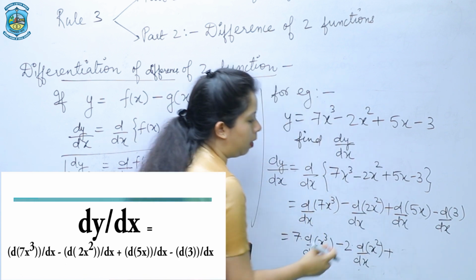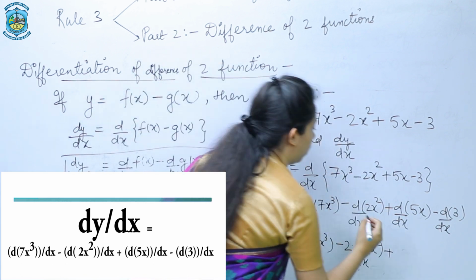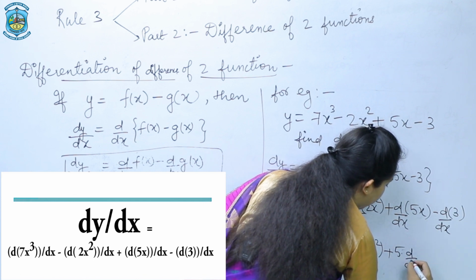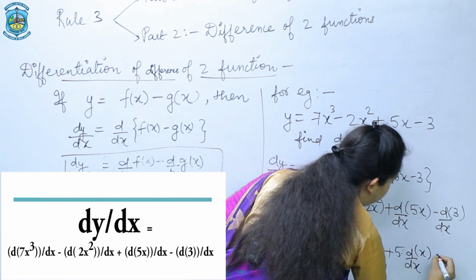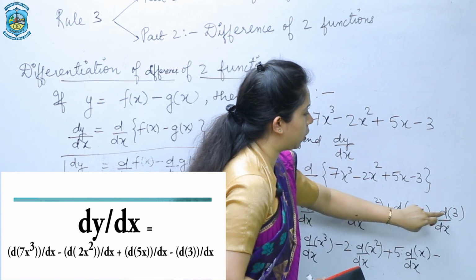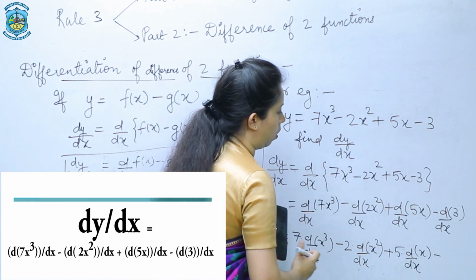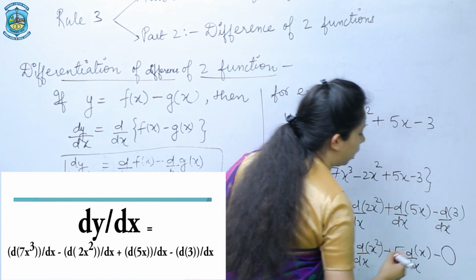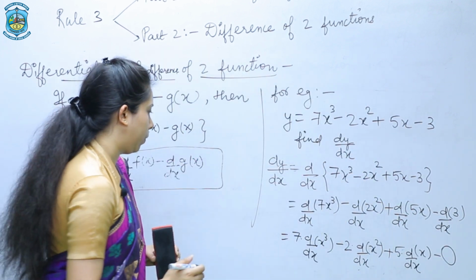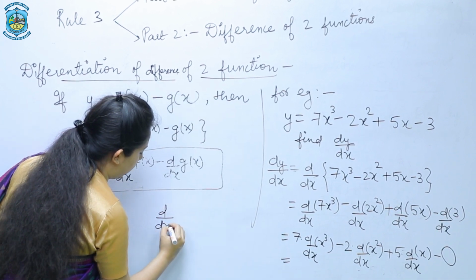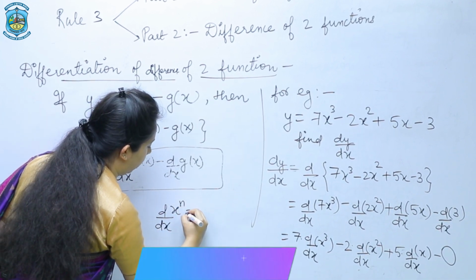Now for the third term we will apply the same rule number 2 that we have discussed in this video. So 5 into d by dx of x minus, now the differentiation of a constant, here 3 is a constant. So differentiation of a constant will give you value 0 by rule number 1. So we know the formula of differentiation, that is d by dx of x raised to the power n.